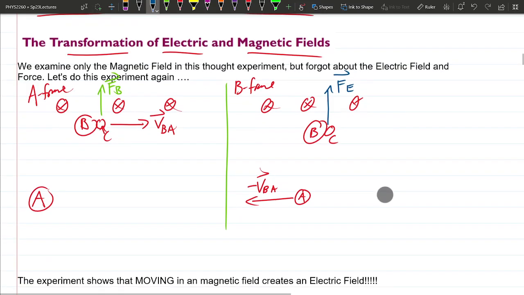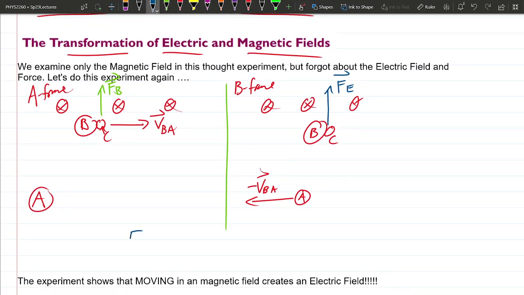So in fact, we can equate these two. That means the magnetic force seen in Alex's frame has to be equal to the electric force seen in Brittany's frame. Calculating the magnetic force, let's do this in the next line: it's just the charge times the velocity, in this case v_BA, that's how fast the charge is moving, cross-producted with the magnetic field, which is observed in Alex's frame.